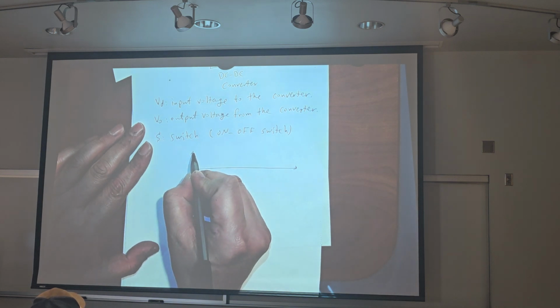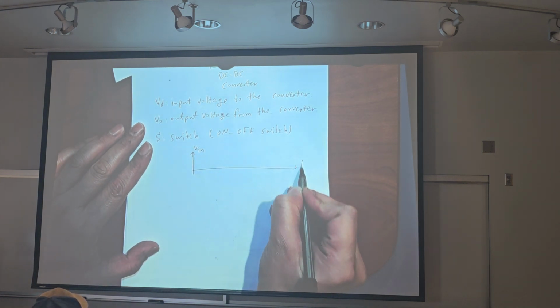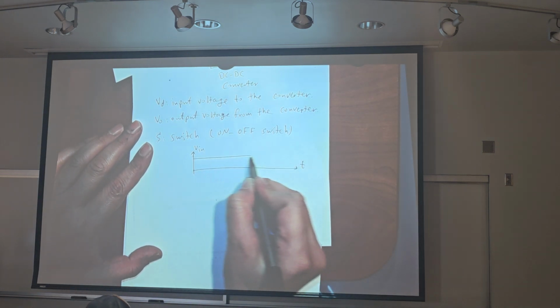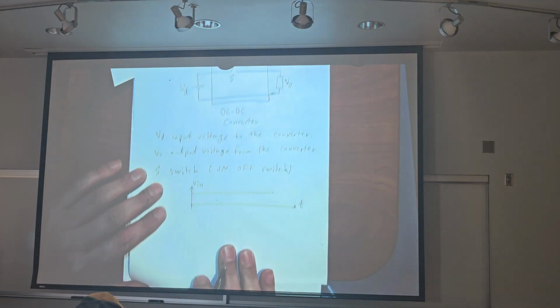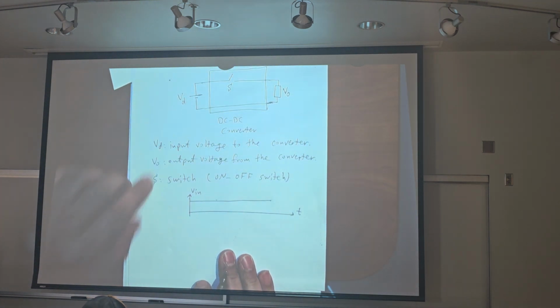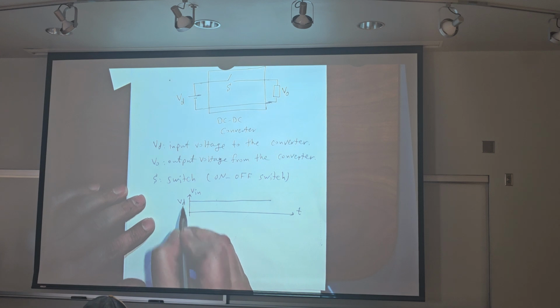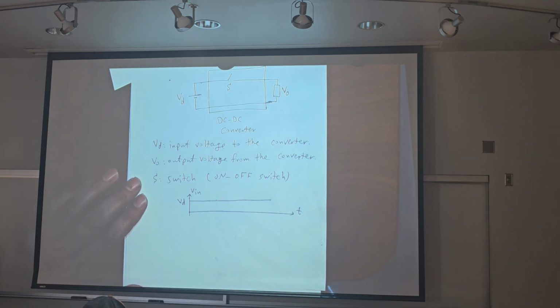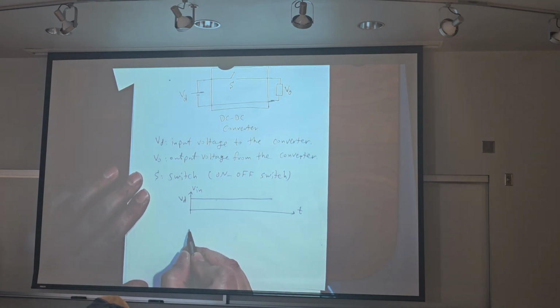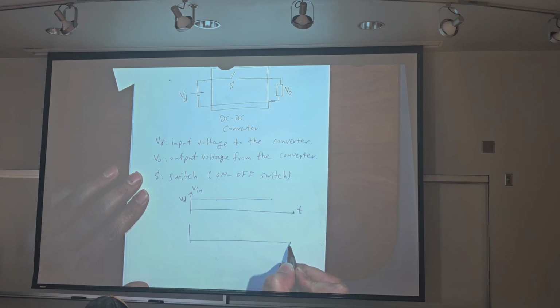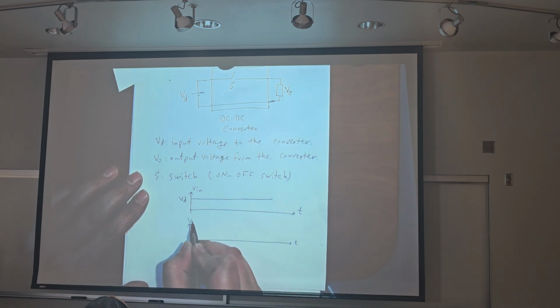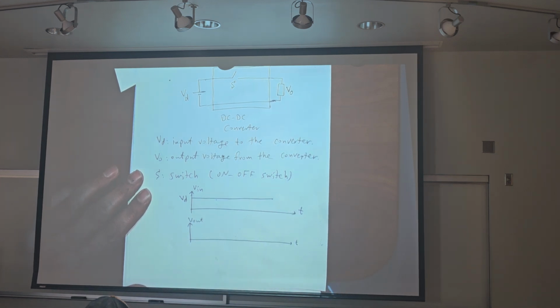We input with time a DC voltage, so the magnitude here is V, while V output depends on the switch.